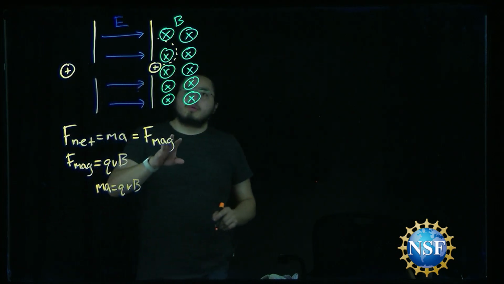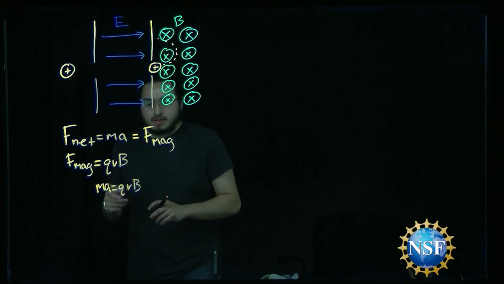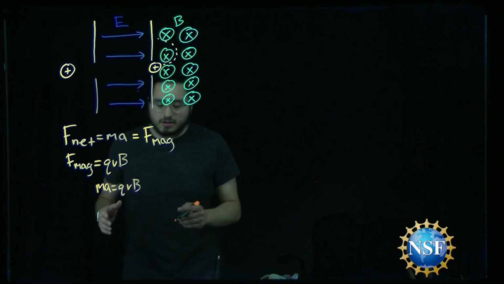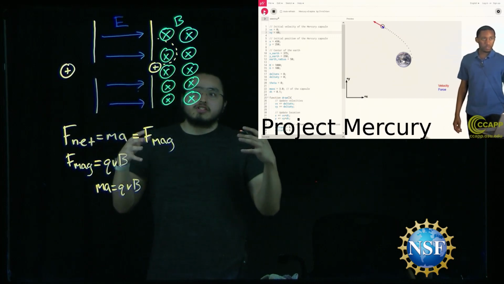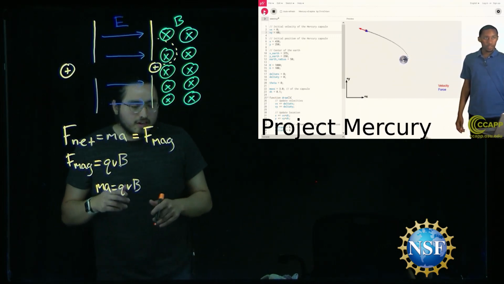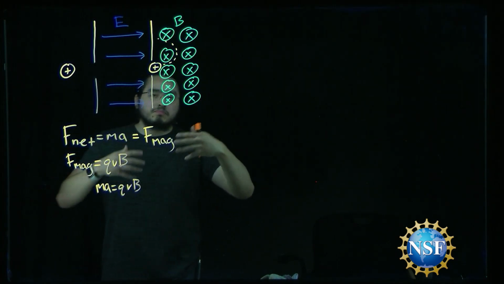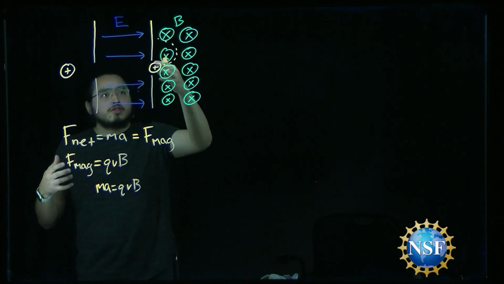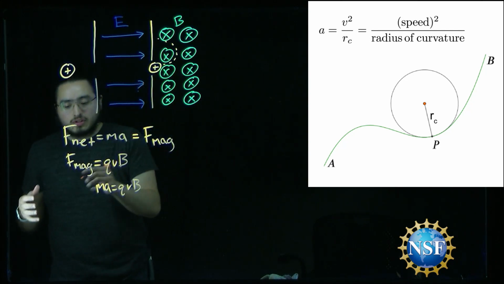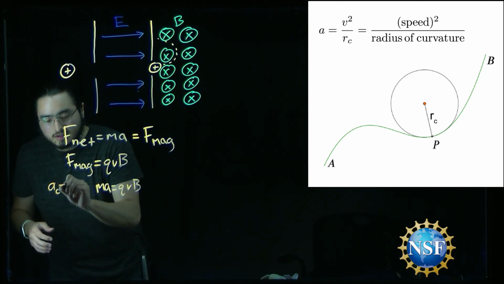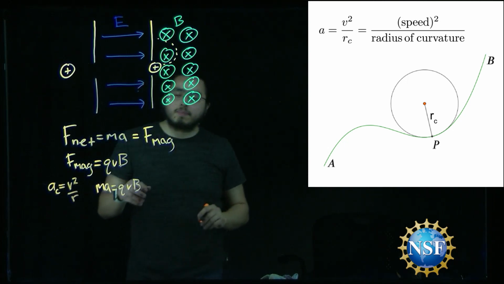Alright, so now we have a relationship of the forces, and now we need to think about the type of acceleration we have going on here. If you've been following along with our other YouTube videos, you've already seen this when we did Project Mercury. A big takeaway in Project Mercury is that when something in space, like this particle, is moving along a curvature, its acceleration due to the centripetal force can be written as v squared over r.